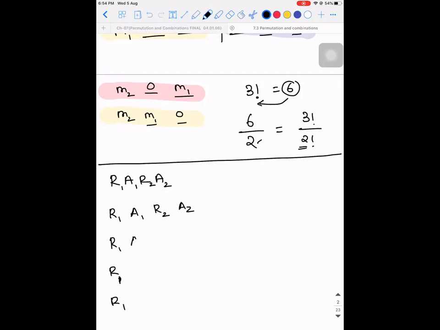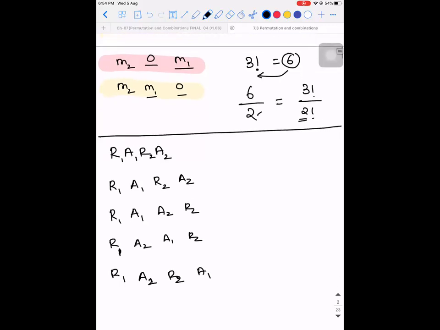Correct? Then I can have A1, A2, R2. Then what else can I have? A2, A1, R1. And A2, R2, A1. Can I do this?